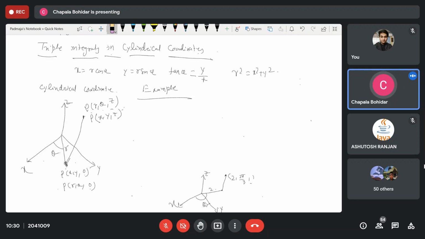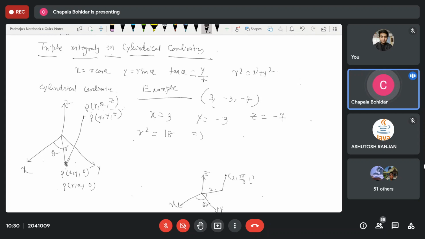Rectangular coordinate 3, minus 3, minus 7. So x is equal to 3, y is equal to minus 3, z is equal to minus 7. So r square is equal to x square plus y square, that is 18.